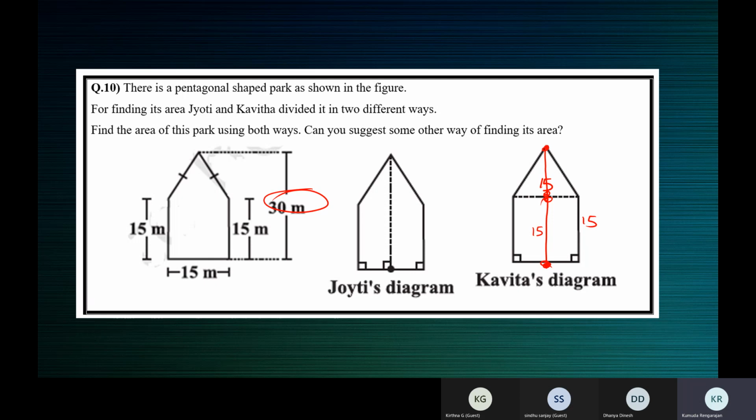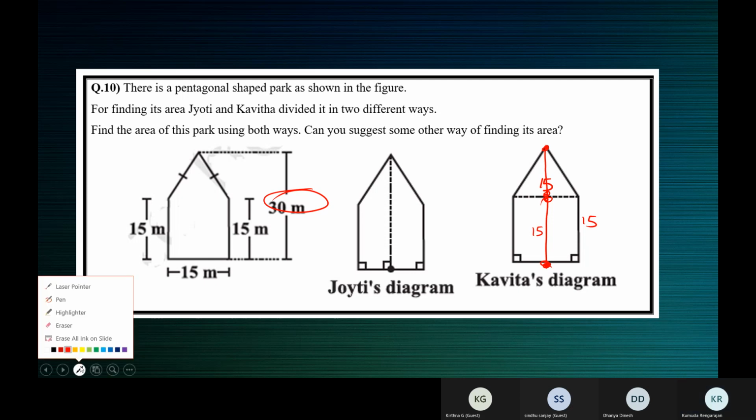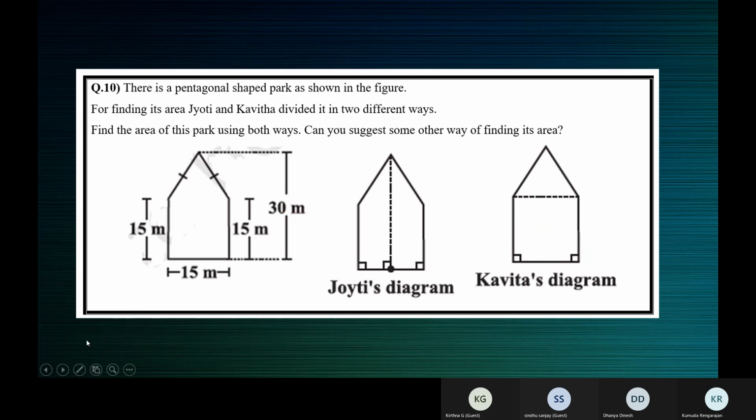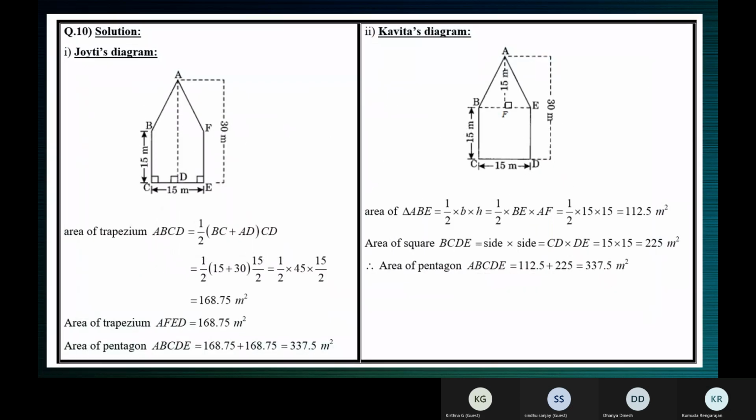Base is 15, height is also 15. So either way, the area of the pentagon is 337.5 meters square.